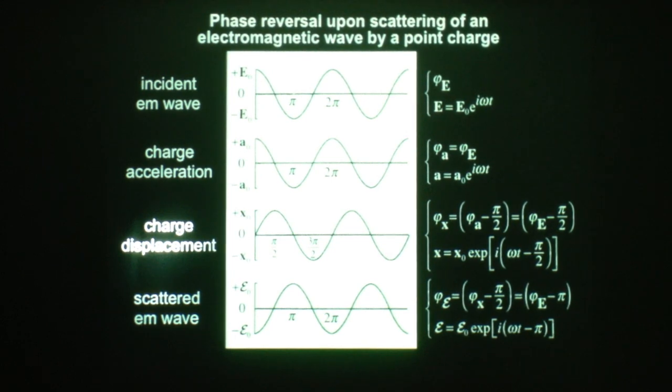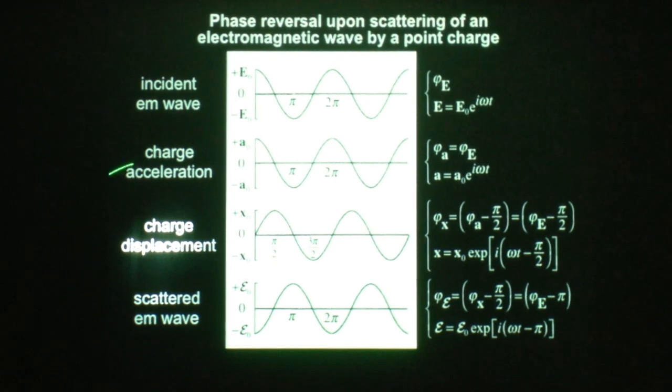So if we think of an incident sinusoidal wave, here looking like a cosine wave, here's the variation of the amplitude of the incoming wave. What about the acceleration that that incoming wave produces when it forces the electron to oscillate? Well, that acceleration follows the force.